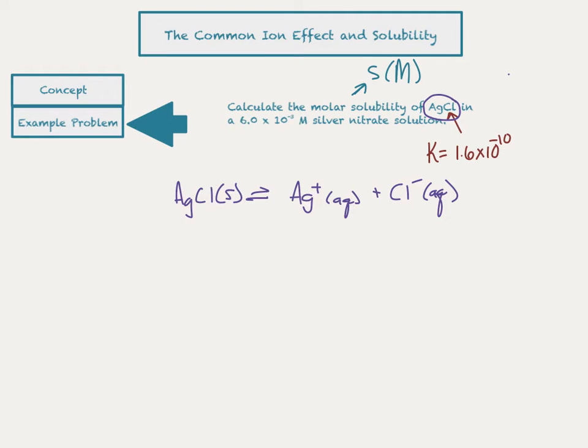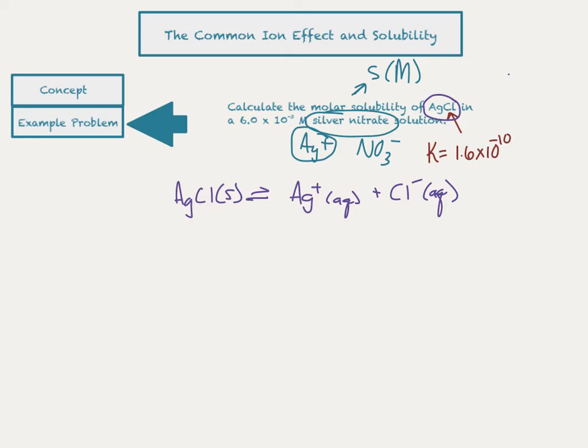And I see that I have silver nitrate around. Just like we talked about, silver nitrate has the ability to produce silver ions and nitrate ions. The ones that are important for this question are the ones that produce a common ion.